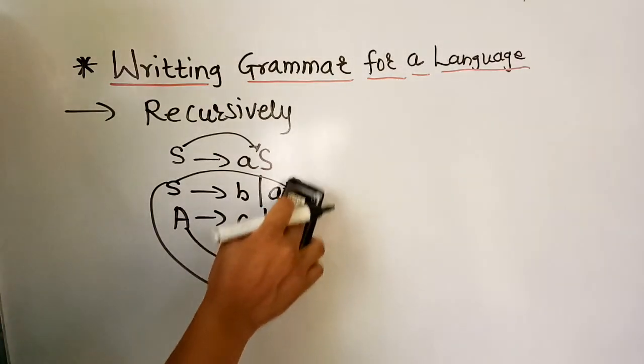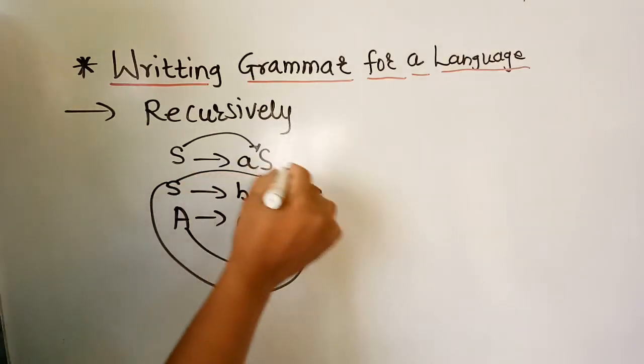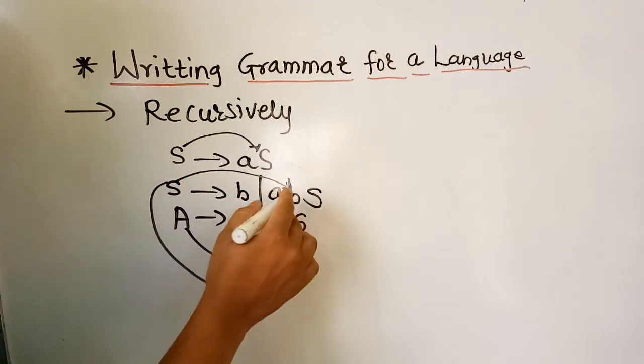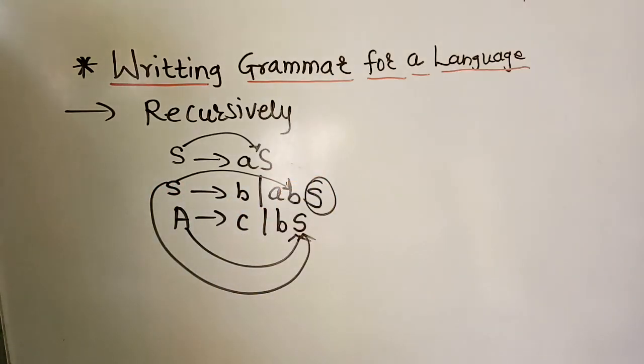If I replace A by BS, then S will appear again. So this is known as a recursive mechanism. Thus a recursive grammar can be written either using recursive productions or using indirectly recursive productions.